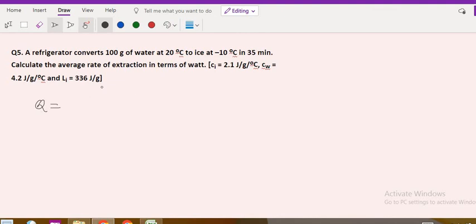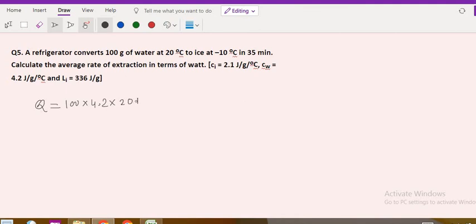So for that I have to again use Q is equal to mc into delta T. The mass given to me is 100, into the specific heat of water, which is 4.2 joule per gram per degree Celsius, so I will write simply 4.2, multiplied by the change in temperature. Water was at 20 degrees Celsius and it is coming to 0 degrees Celsius, so it would be 20 minus 0, that is equal to 20.